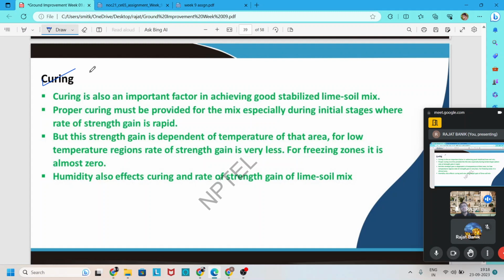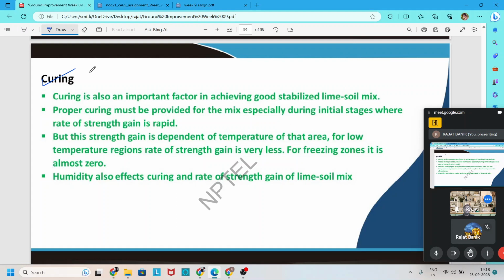So we know that lime reacting with the soil takes some time, and it also takes some moisture. So for that, we maintain the moisture content of the soil. For that, we require some amount of time, and it also depends on the temperature of the area. In a freezing zone, if the temperature is very low, then the reaction between the lime and soil becomes very less, and gaining of strength is also very less.